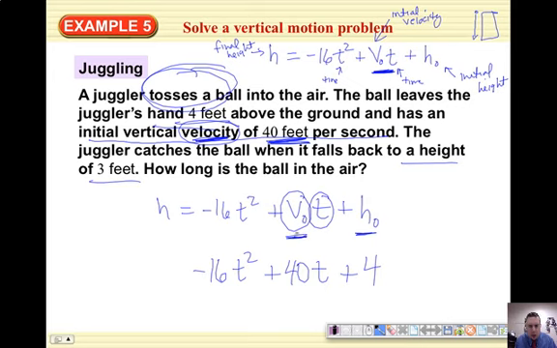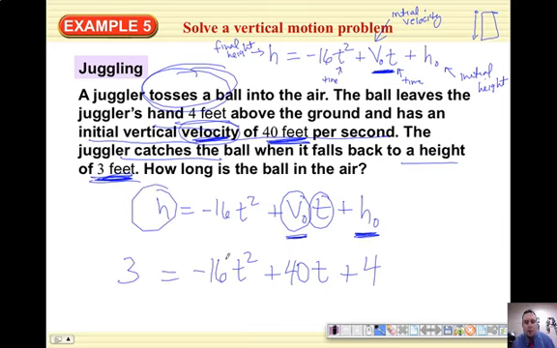So far we know our velocity and our initial height. But then there's a second part. The juggler catches the ball when it falls back to 3 feet. He throws it up, he catches it. That's the final height of the ball, equal to 3 feet.